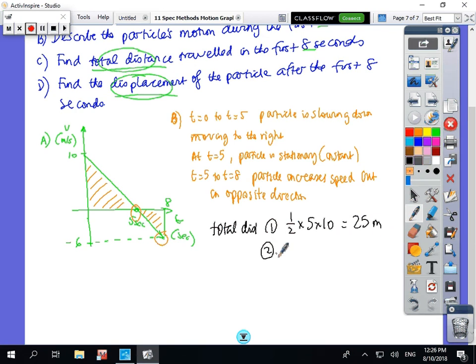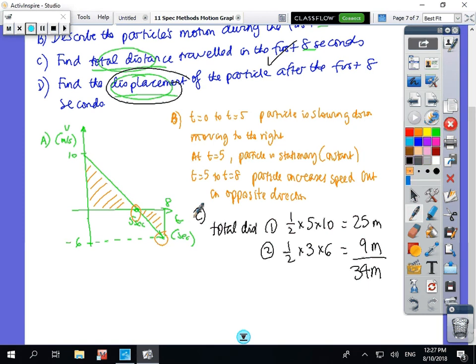In the second one it's a triangle again, so it's half times 3 seconds times 6, so it's 9 meters. So the particle has moved 34 meters. Okay, so that's total distance, but the displacement will be where it's come from and where it's ended up.